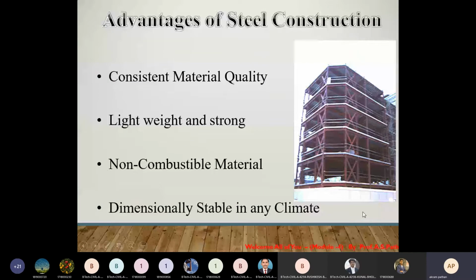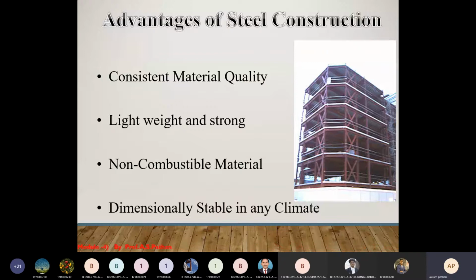So in any climatic conditions, for example in the summer season, monsoon season, or winter season, or any hot weather climate, such technology is more advantageous. Nowadays it is preferred by various stakeholders.